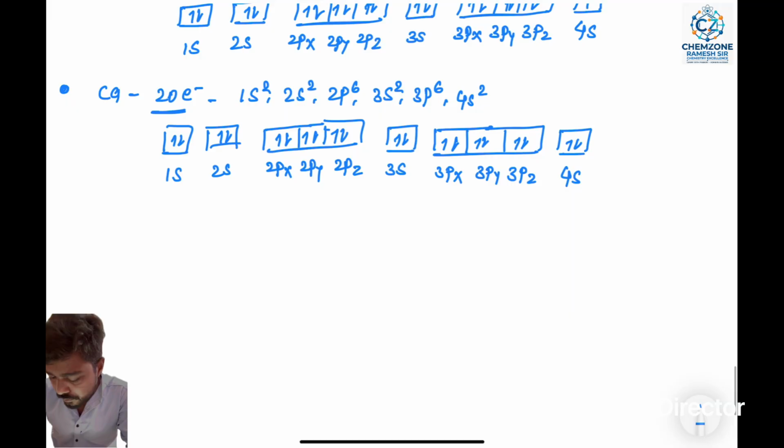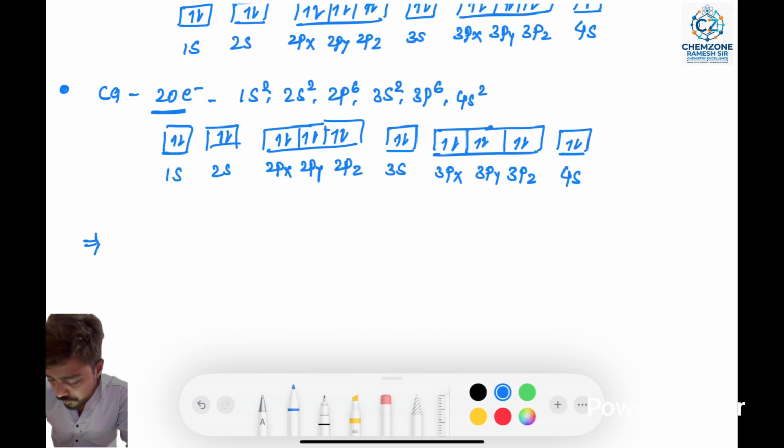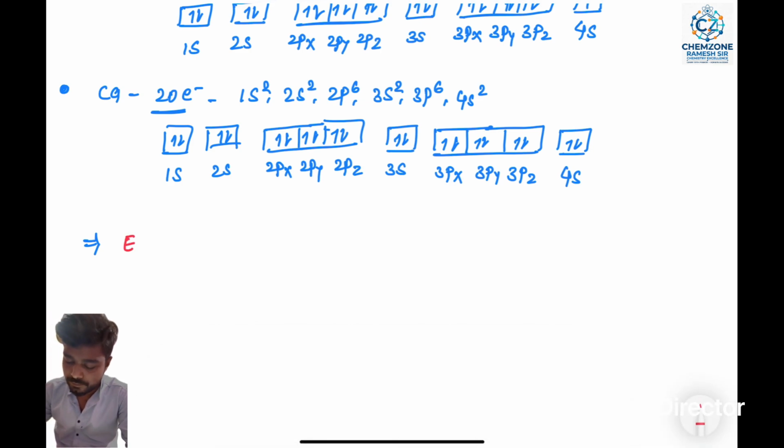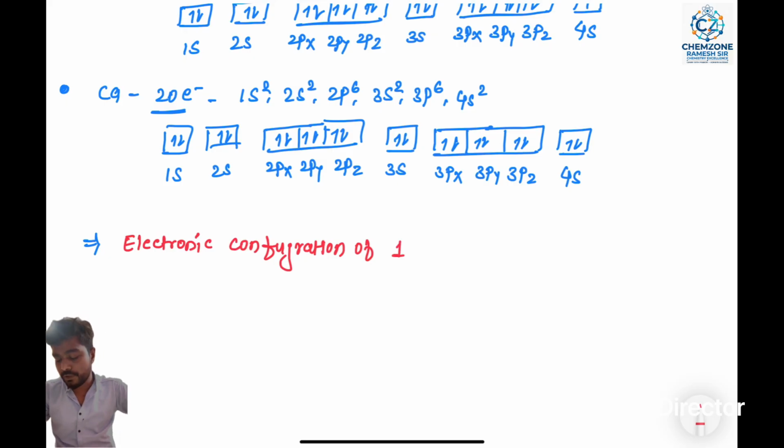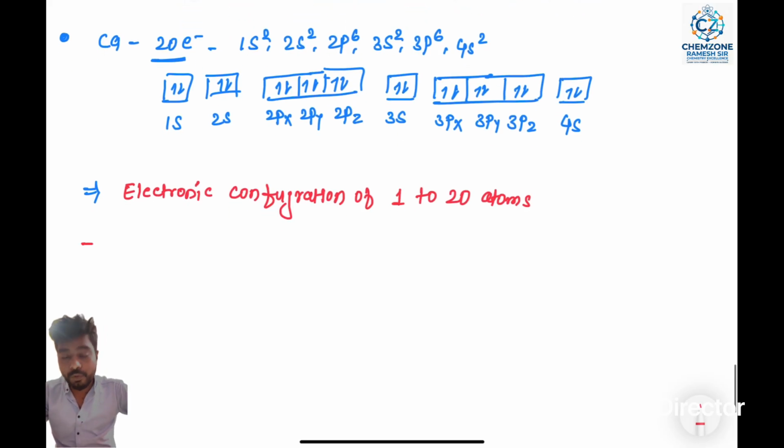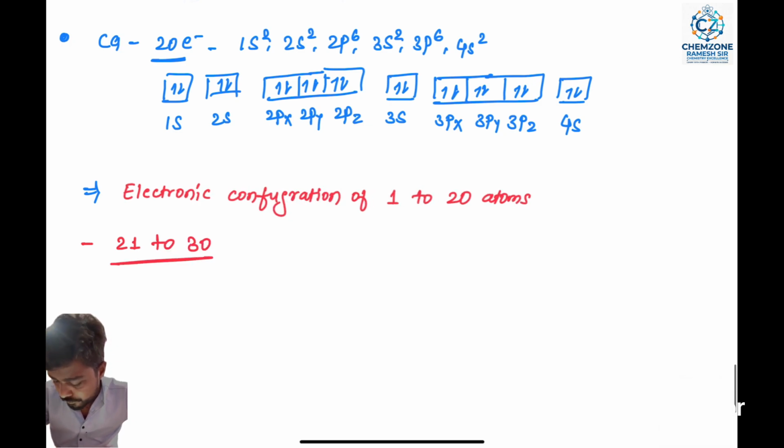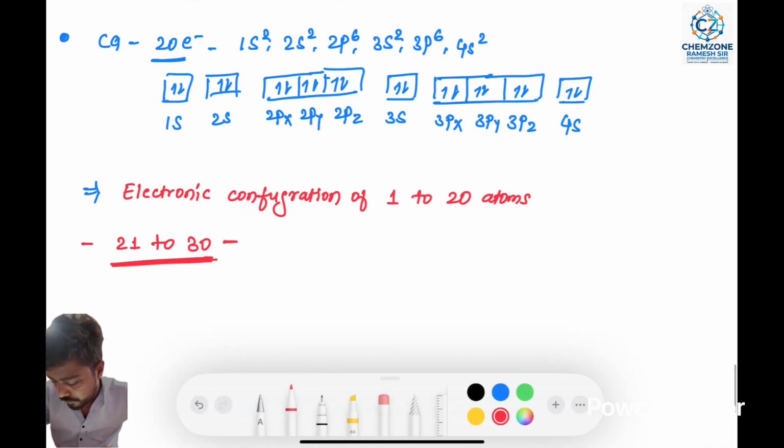So that is the electronic configurations of 1 to 20 atoms. Okay, next one is your 21 to 30.